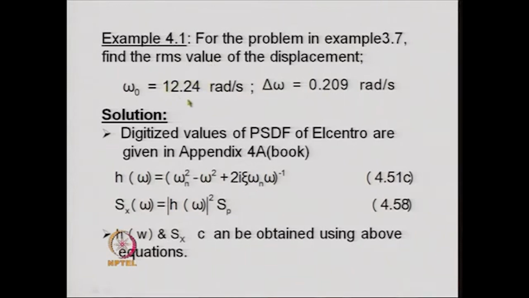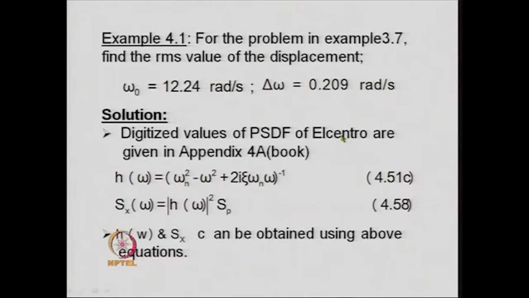The frequency of that was equal to 12.24, and it is excited by an excitation whose frequency contents are obtained at delta omega equal to 0.2209, and the excitation was that of the El Centro earthquake.